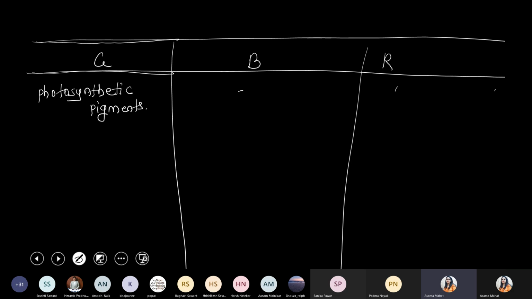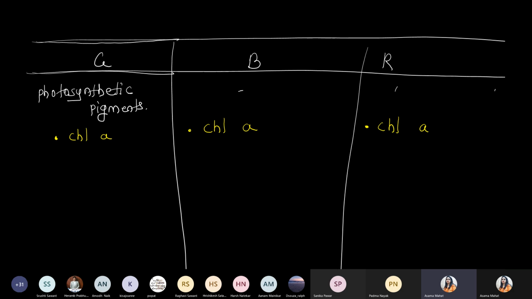So the first pigment which is common is chlorophyll a, and I hope you remember chlorophyll is simply represented by Chl. Chlorophyll a is the most abundant, most dominant, present in all types of green plants, even in photosynthetic bacteria and cyanobacteria, because it is the most common, most abundant, present in all.